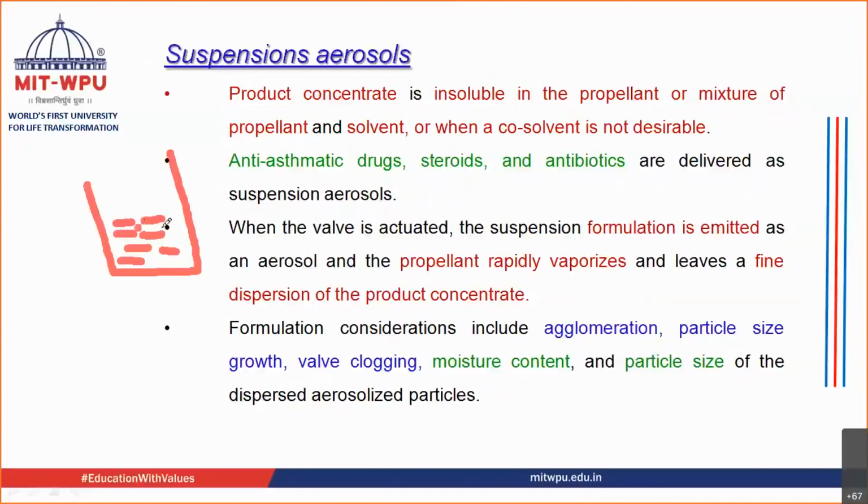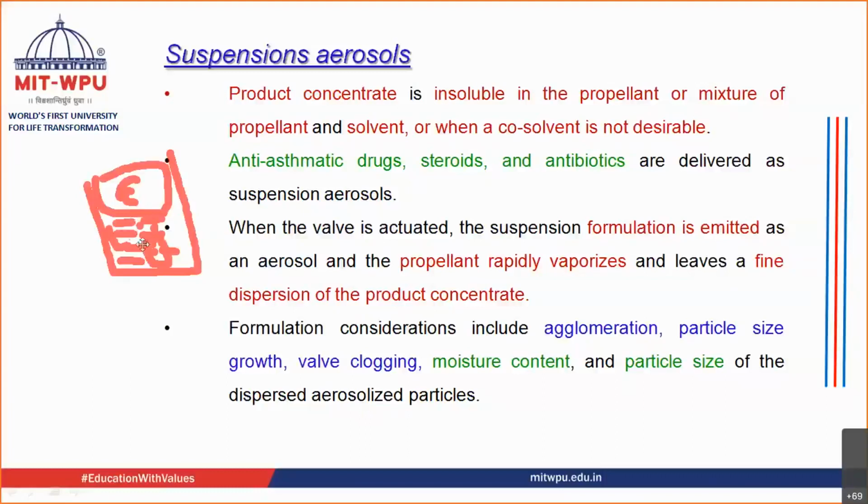So you have a liquid phase, and the solid phase. So these are the three phases: gas over here, liquid in the form of propellant, and solid particles in the form of drug. Hence they are known as a three-phase system.